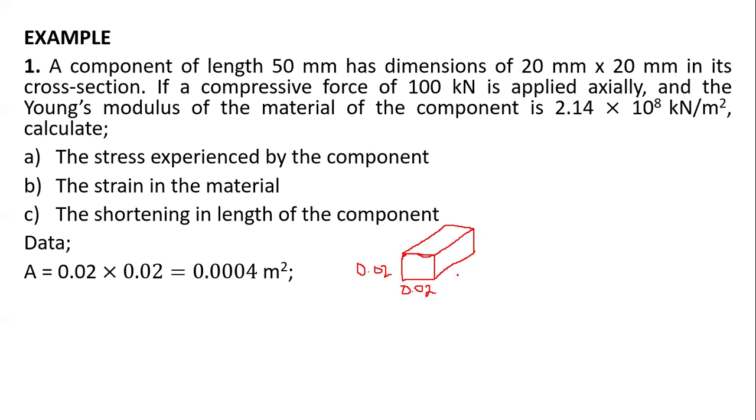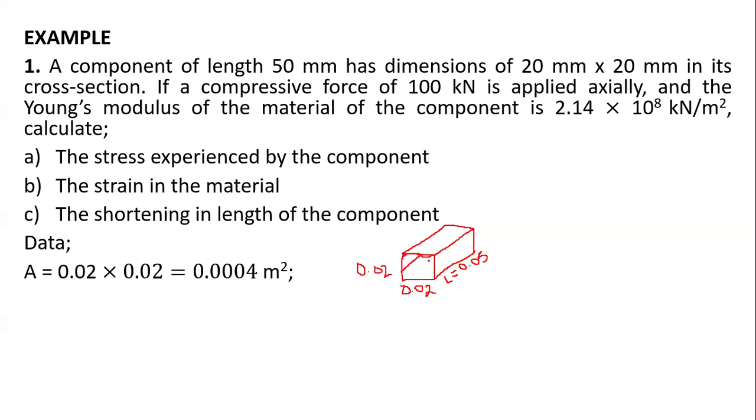The length along here is given as 50 millimeters. If I divide 50 by 1,000, I'll get my length as 0.05 meters. So that's what I'm dealing with.